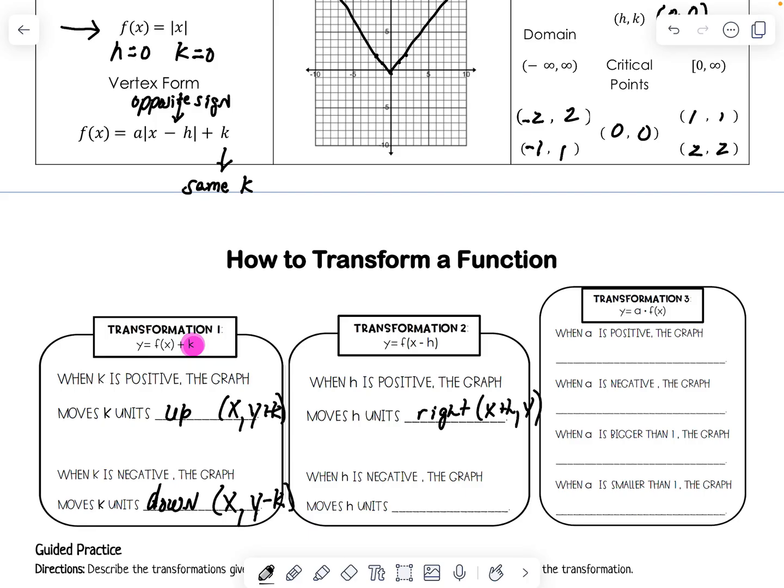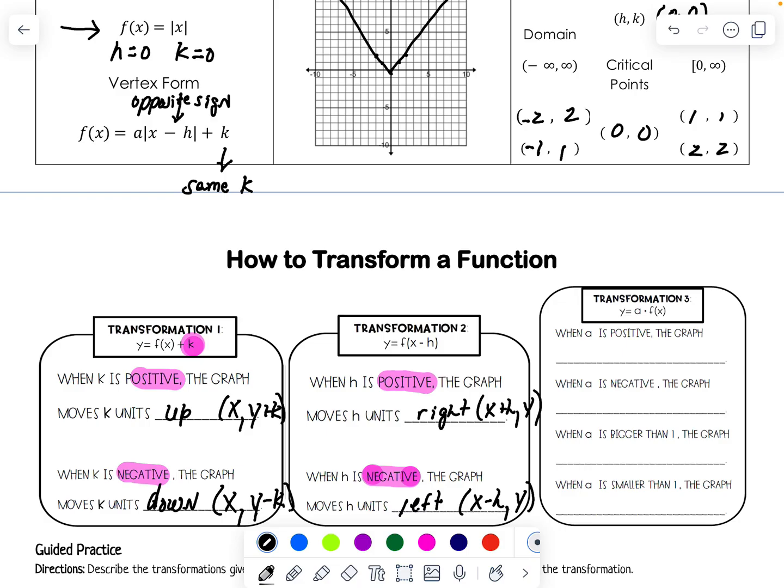Okay? And if it's negative, you're going to move to the left. Again, you're going to be subtracting from the x, because that's what moves the function left to right. Okay.